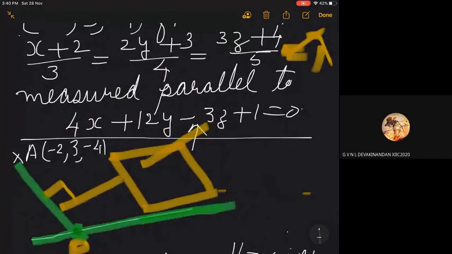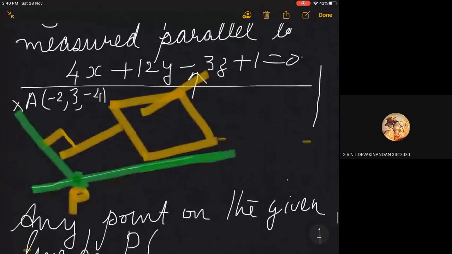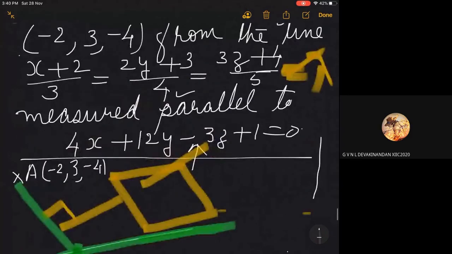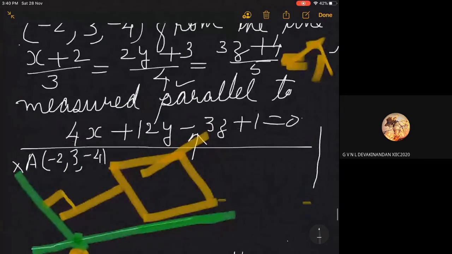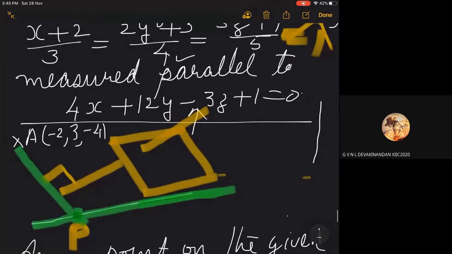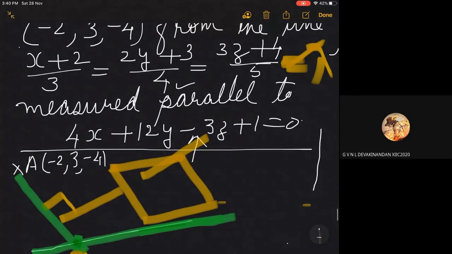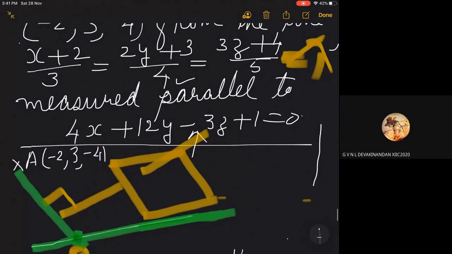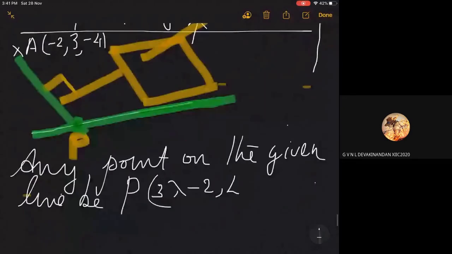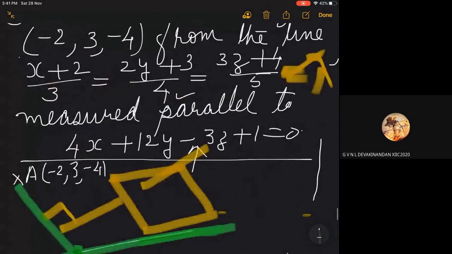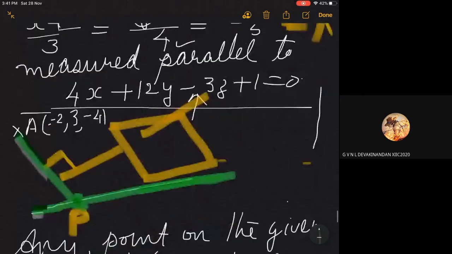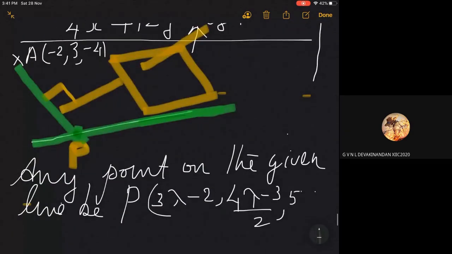It is 3 lambda minus 2, comma. Here it is 4, and if you cross multiply, you will get (4 lambda minus 3) by 2, because you are finding out the y value. Okay, now the z value is (5 lambda minus 4) by 3. I hope you understood this.